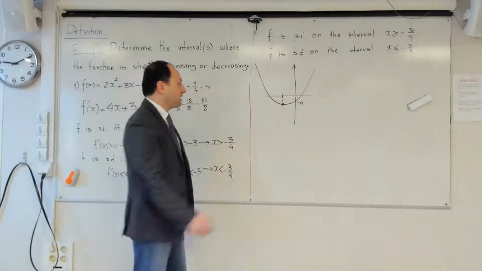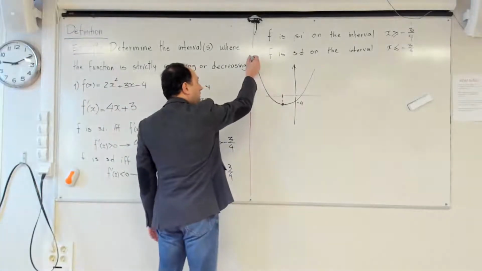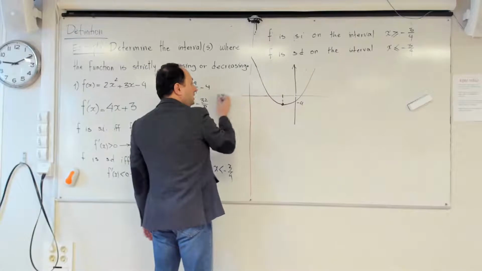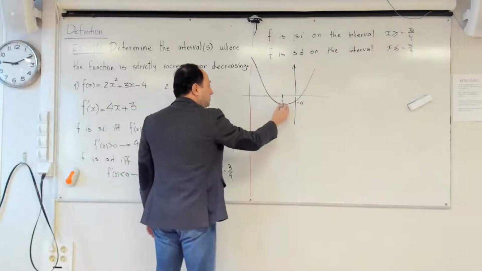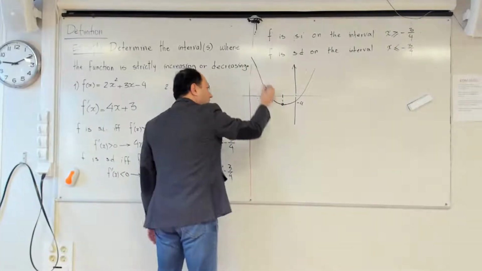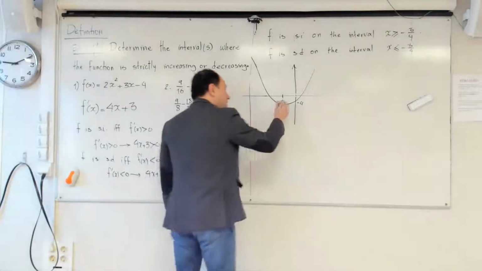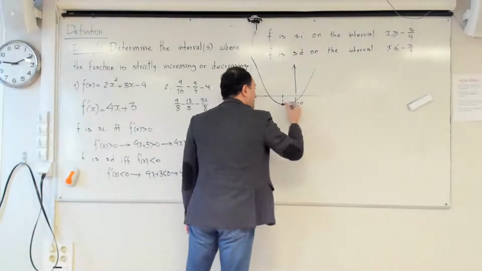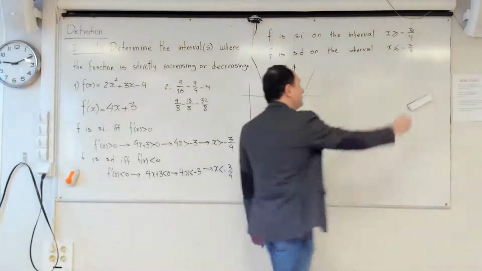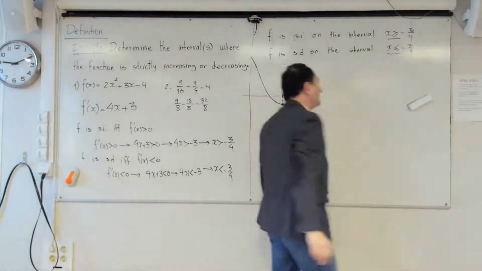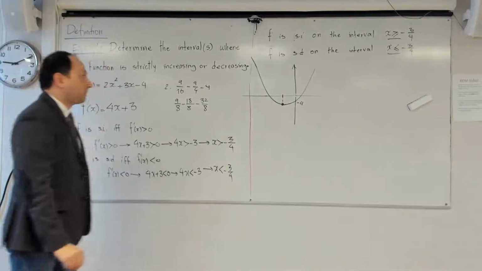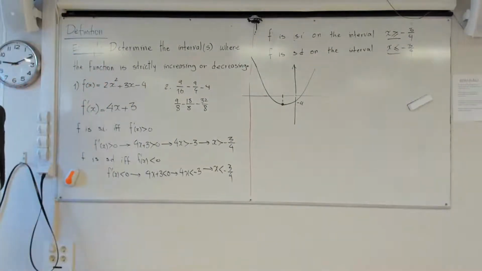But I am telling you that from minus infinity up to this point, including this point, the function is going down. And then again, starting from this point to the right, the function is going up. This is the reason that I am putting these equalities there. Any questions?